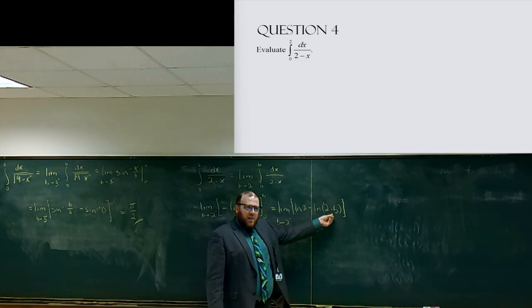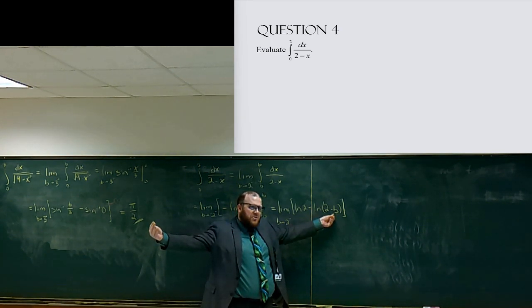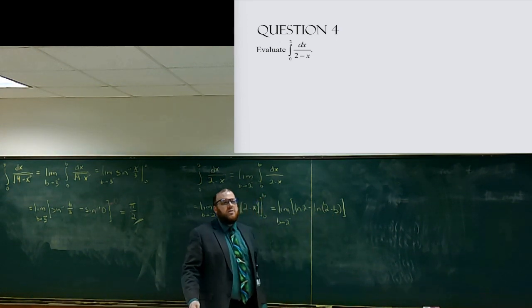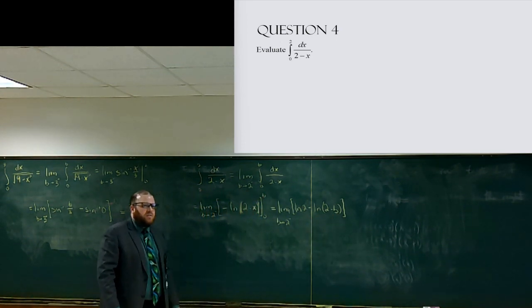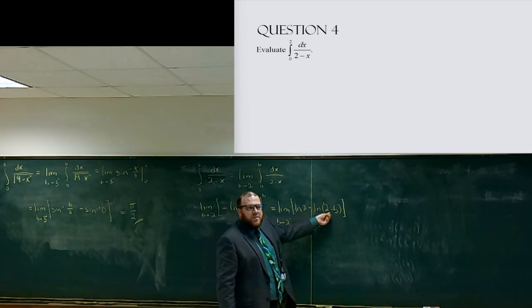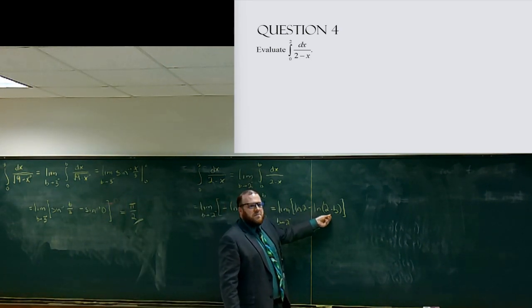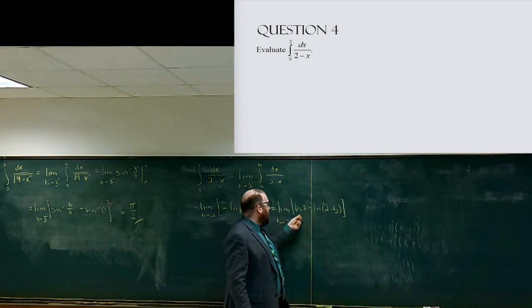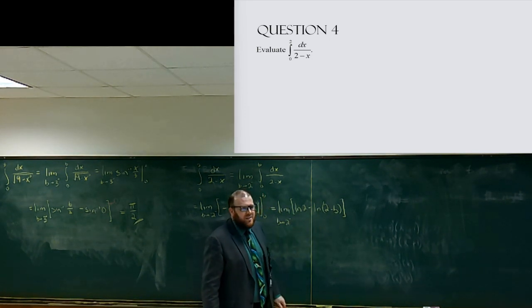If you look at the plot of natural log, as you approach the y-axis from the right-hand side, the positive values, natural log decreases without bound. This limit's minus infinity. Minus negative infinity is positive infinity. Log of 2 minus positive infinity.